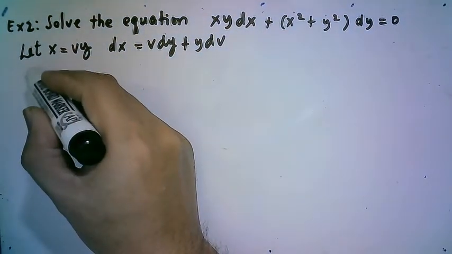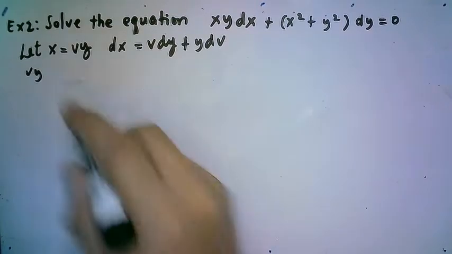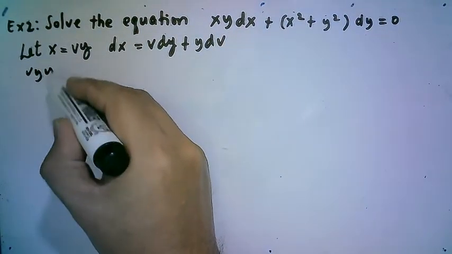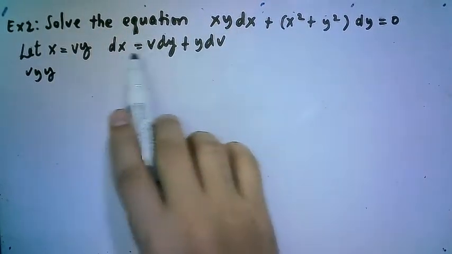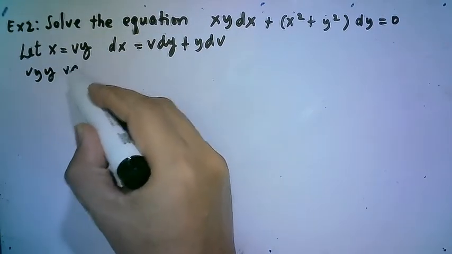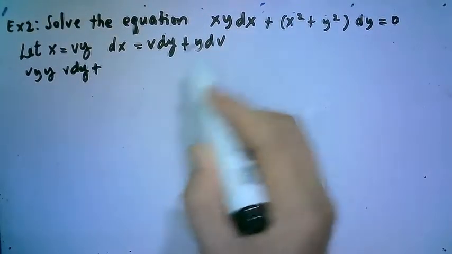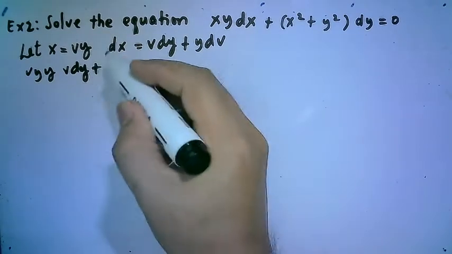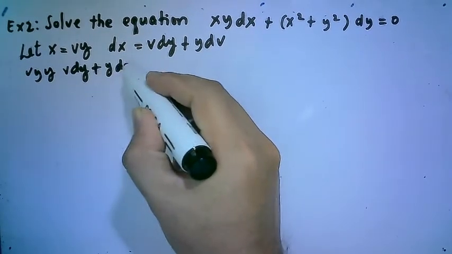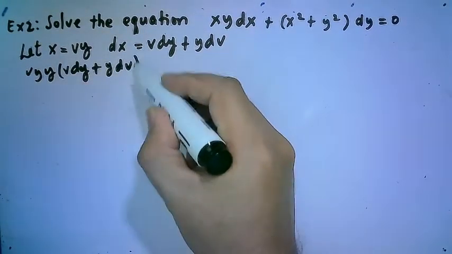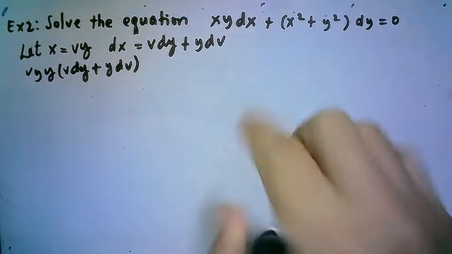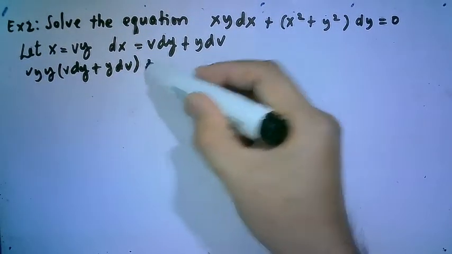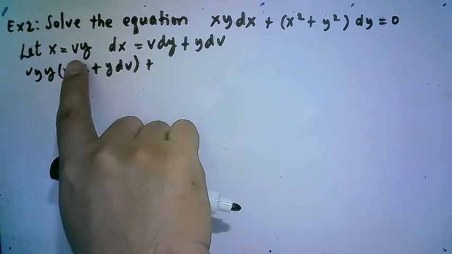So we have vy and then y, and then our dx is v dy plus y dv, plus, instead of writing x, we will substitute vy.